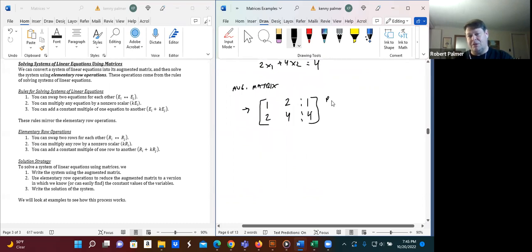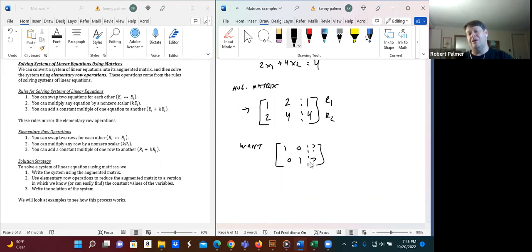Now this is going to be our row 1 and row 2. Remember, what I want to get out of this, if I can, is 1, 0, 0, 1, and then some numbers on the right side, which you have to find. Let's see if I can match what I did. If you notice right here, this is already 1.